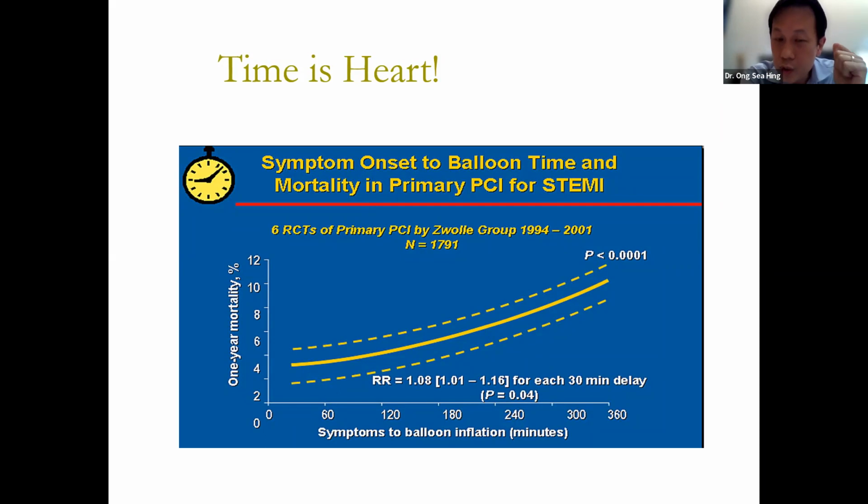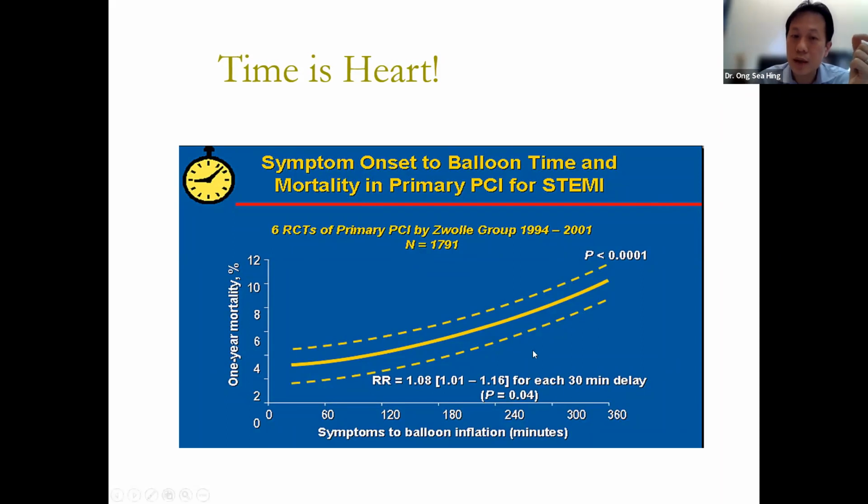But typically, when you see an ST elevation, you know that there is a 100% occluded coronary artery, and therefore it is imperative that you unblock this artery as soon as possible, ideally with emergency angioplasty and stenting. But I know that in some areas you cannot get angioplasty and stenting, so you give fibrinolysis. But the earlier you can restore flow in this coronary artery, the better it is for the patient.